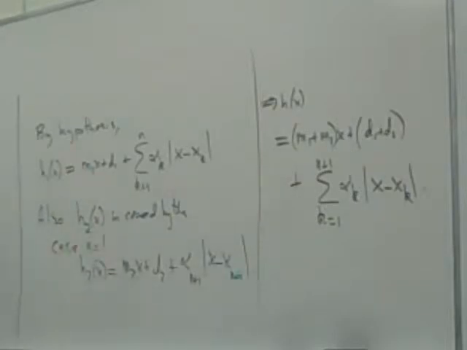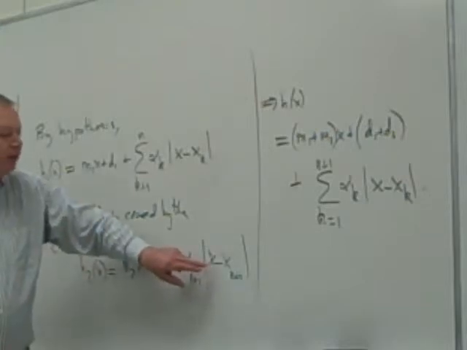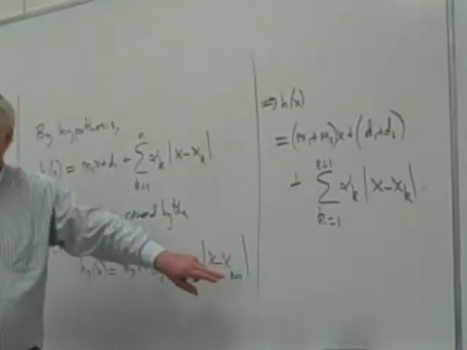So that's the inductive step, and therefore it is possible to write any piecewise linear continuous function as a sum of a linear term plus combinations of absolute value of x minus a certain point.